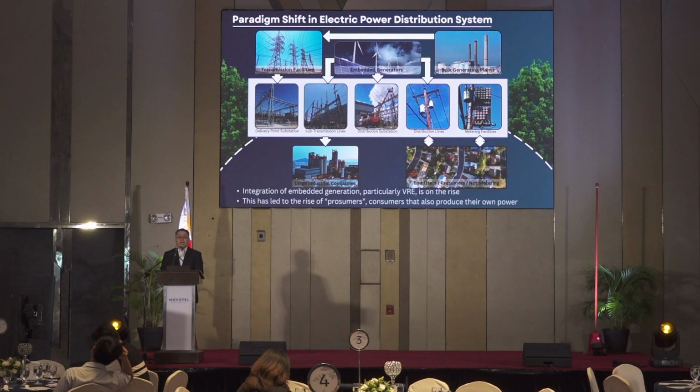Okay, so now just to describe a paradigm shift that is currently happening in the electric power distribution system. So the facilities shown in the rectangle in the middle, these represent the facilities in Meralco's distribution system. So we have our delivery point substation, which acts as the transition point between the distribution utility and the NGCP's transmission facilities.